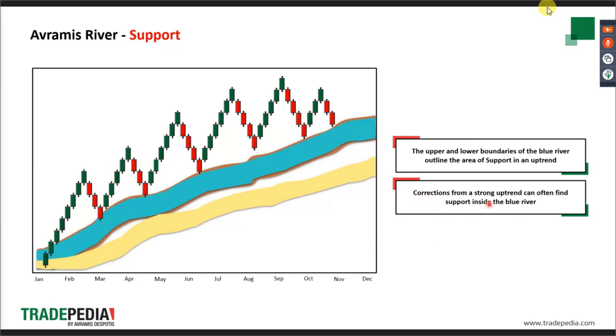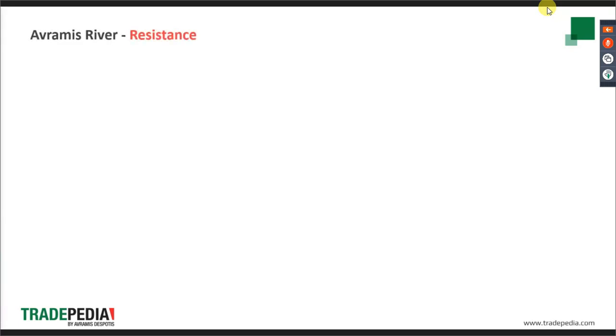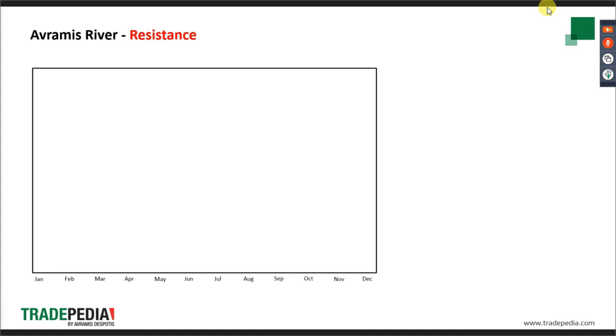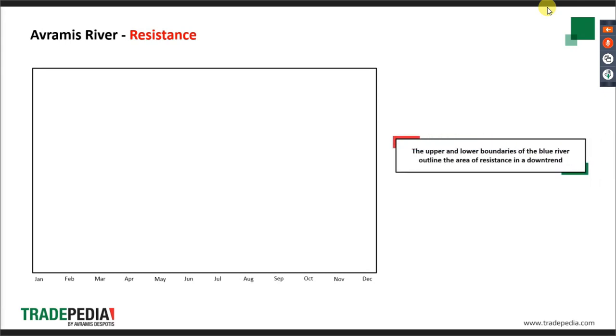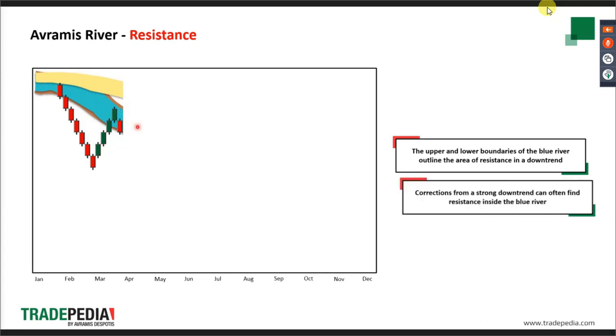So here we have a correction from a strong uptrend, which can often find support inside the blue river. It can be anywhere along the river. And then for resistance, in a similar way, the upper and lower boundaries of the blue river outline an area of resistance.